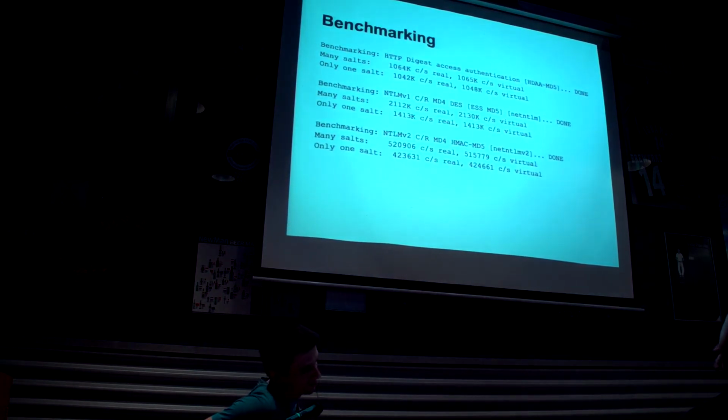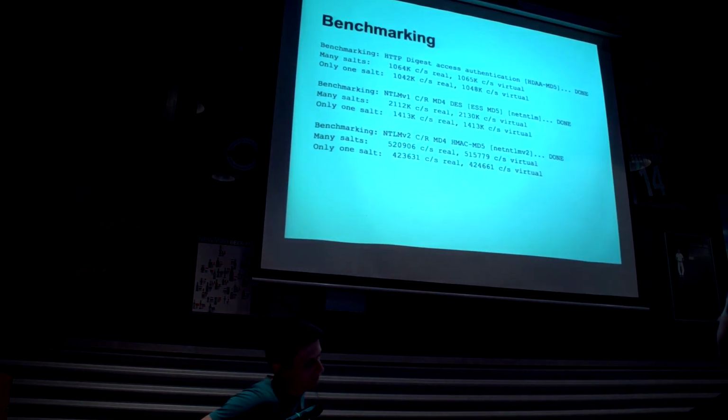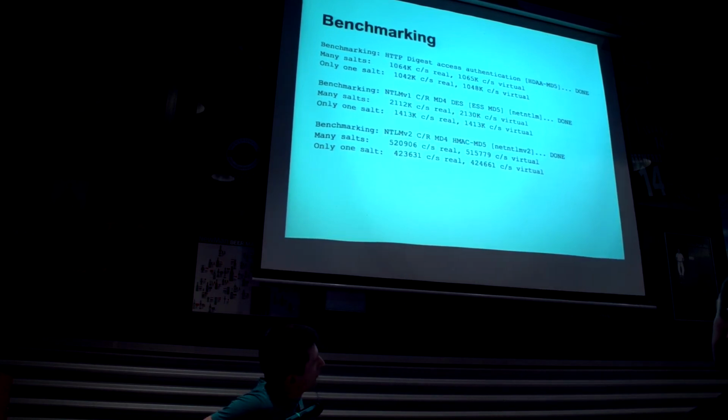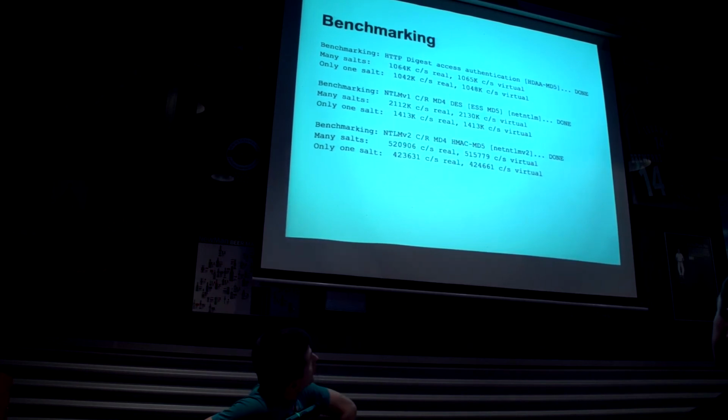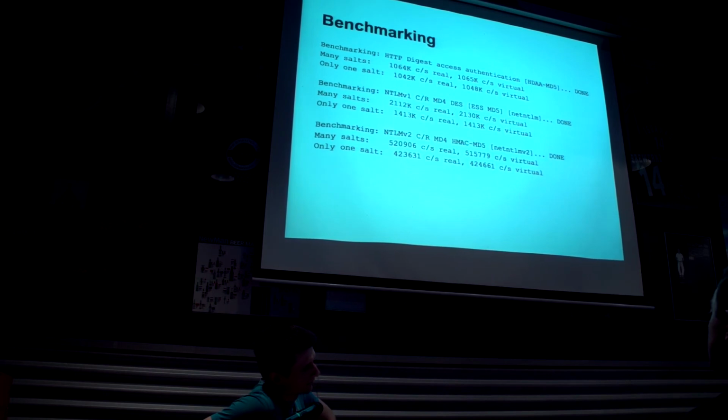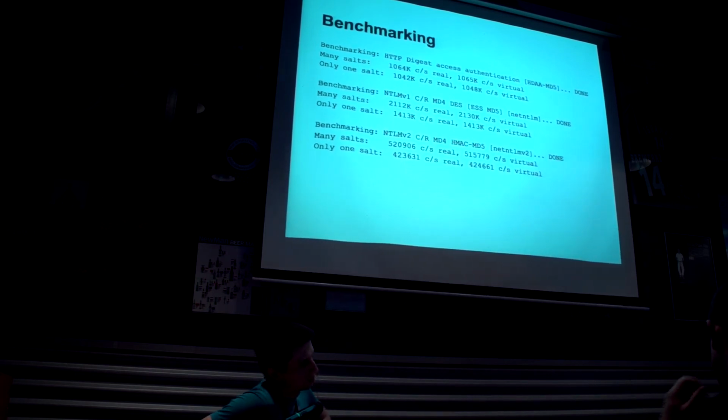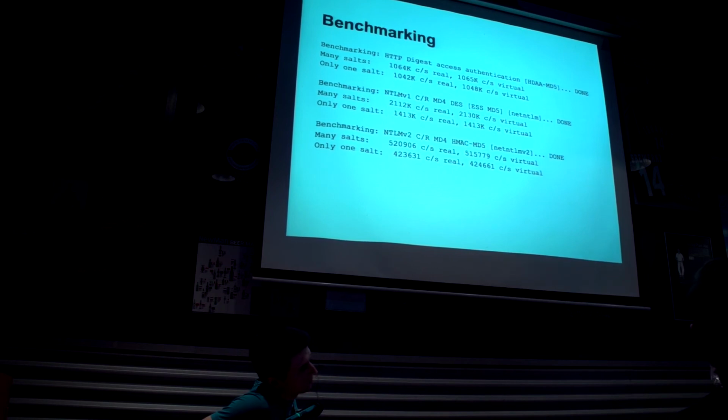As I said earlier, there are different security packages, Digest, NTLM, Kerberos, and I made some benchmarking on them. And as you can see, Digest is twice as fast as NTLM second version. As you know, some networks use not NTLM's first version but the second.